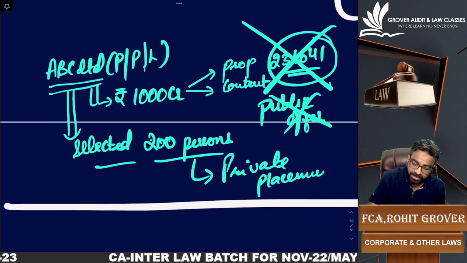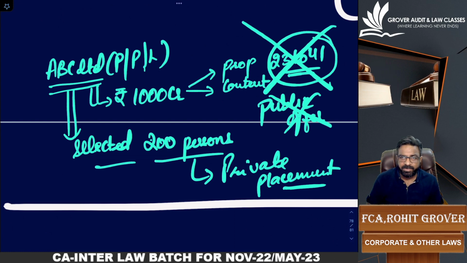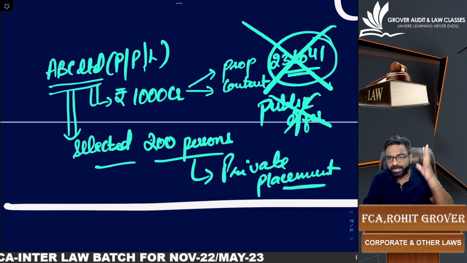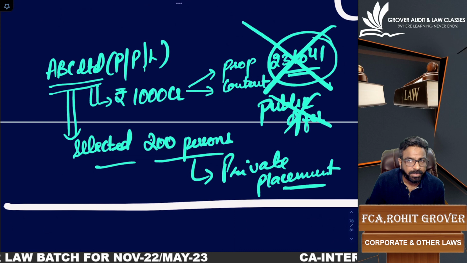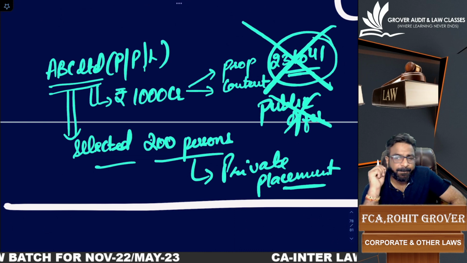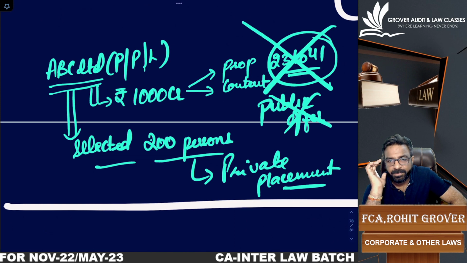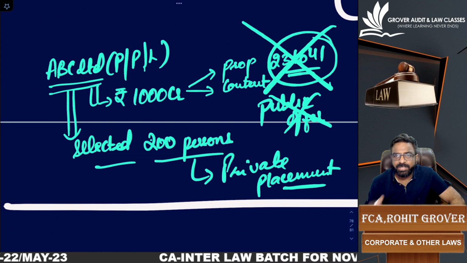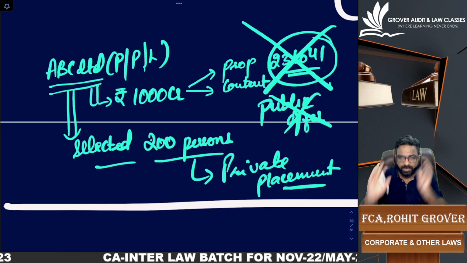So everyone, please tell me, did you understand the difference between the public offer and private placement? Public offer is an invitation to whom? Public. Now tell me, what is the advantage company here got? Advantage is that company need not offer these shares to the public, and company need not dilute its controls to the lakhs and thousands of the new shareholders.